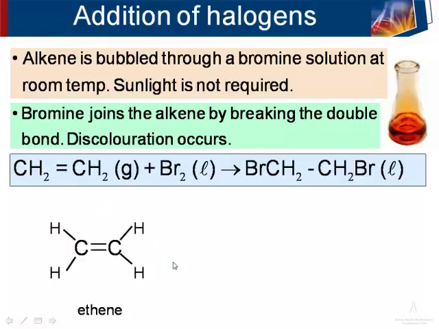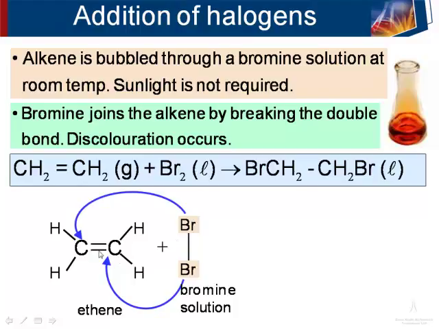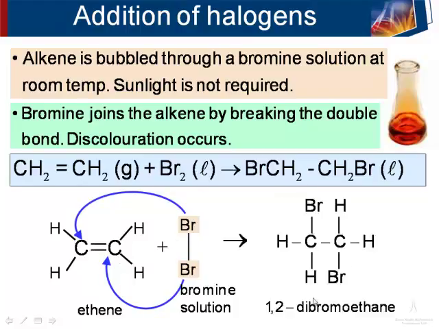The reaction can be illustrated as follows. Here is ethene with a double bond and bromine solution, which is a dark brown color. Now what would occur is one bromine attacks there, the other there at the double bond, and the double bond opens, and we will get 1,2-dibromoethane forming.